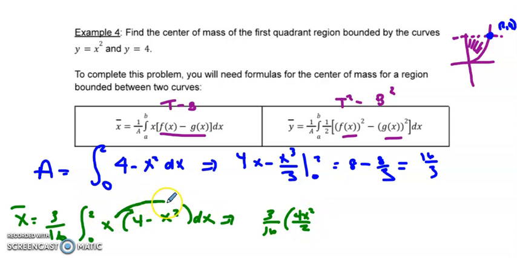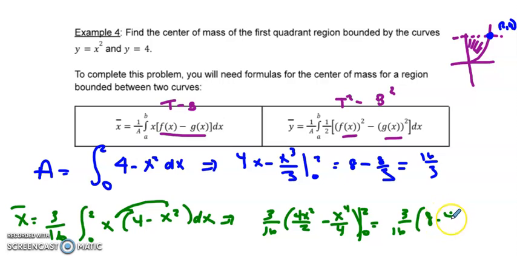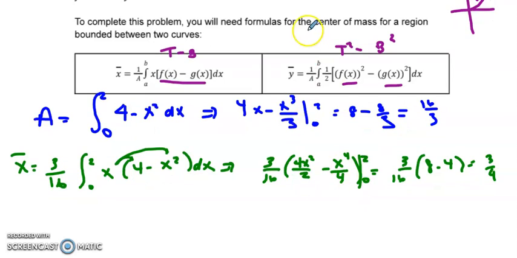And then x times x squared is x cubed, so that will integrate to x to the 4th over 4. And that's from 0 to 2. And so I have 3/16 times, and then when I multiply this all out, I'm going to have 8 minus 4 in there. So 4 times 3/16 is 12/16 or 3/4. That is my x bar.